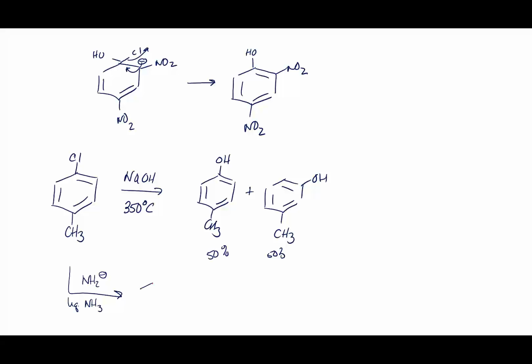But if you did that, you would end up with an NH2 as your nucleophile, and you would still end up with a 50-50 mixture, para and meta. Okay, so what's the mechanism of this reaction?